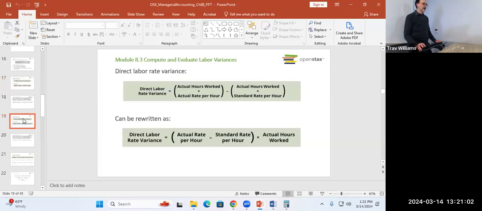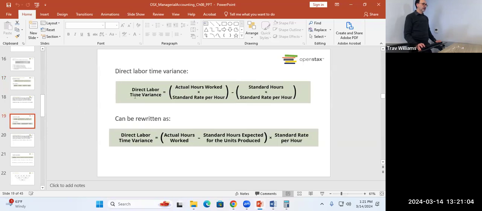Let's look at this formula. We do have the time variance. We do have actual hours worked. And we do have standard hours. We don't have the standard rate per hour, except that appears in the formula twice. So it would be hard to figure out what that is if we have X twice, because X is the missing number.